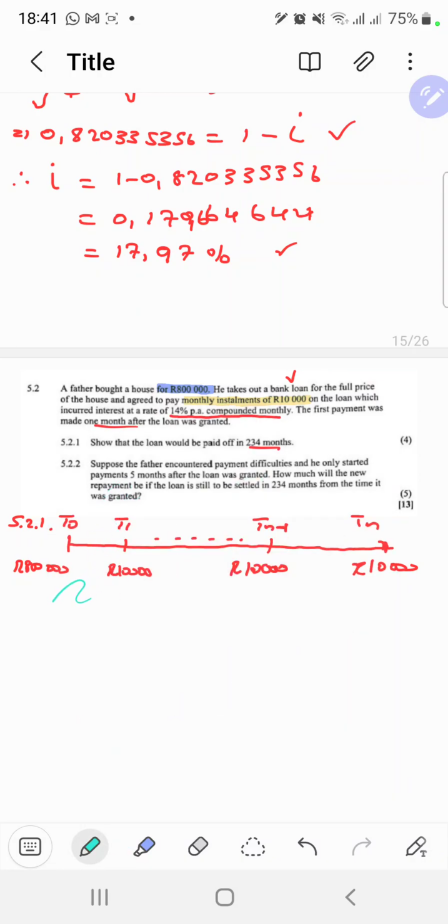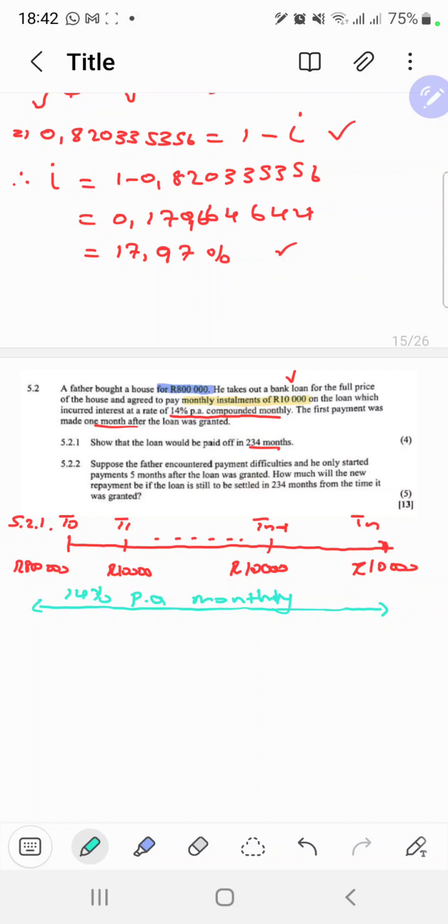Let's capture our interest rate here. So it's very important. So this is at 14% per annum, compounded monthly. Okay, so we don't have a problem. We're going to deal with this one.